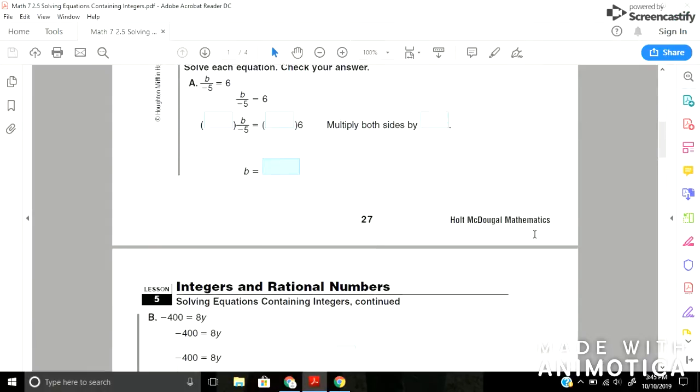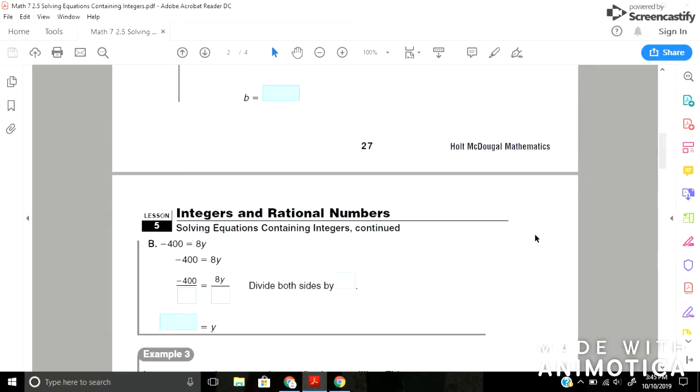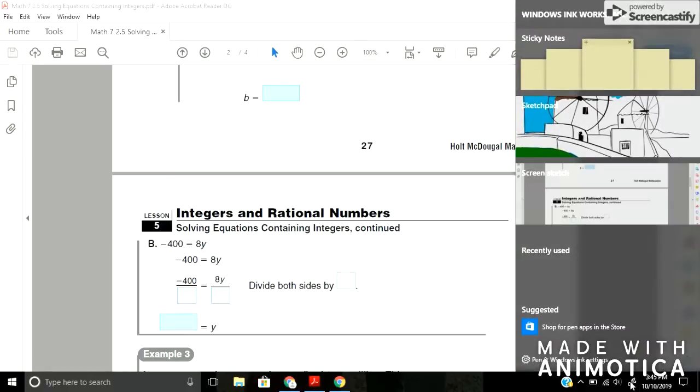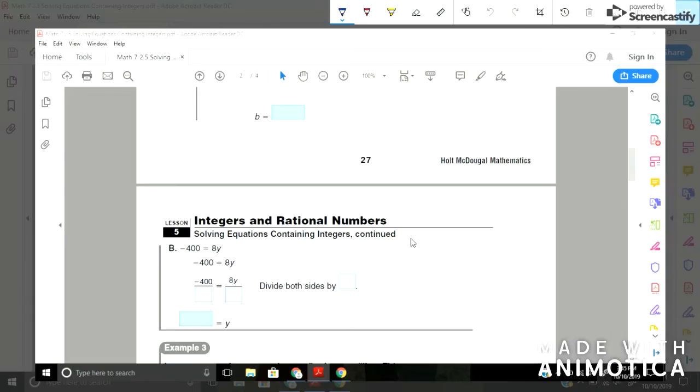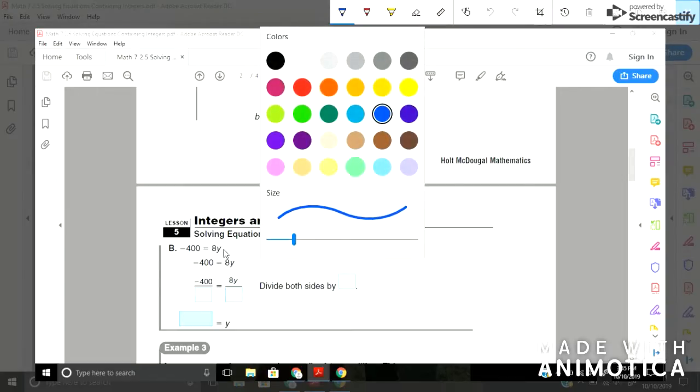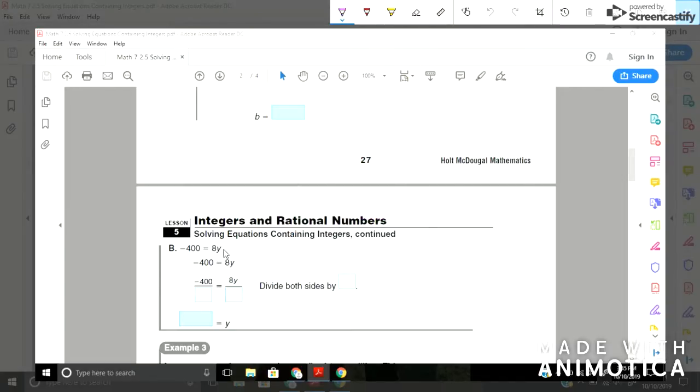Okay, let's try another one for letter B here quickly. It says negative 400 equals 8y. All right, and the question I'm asking myself is, what is being done to my variable and how can I undo that? Well, it looks like my variable is being multiplied by 8.